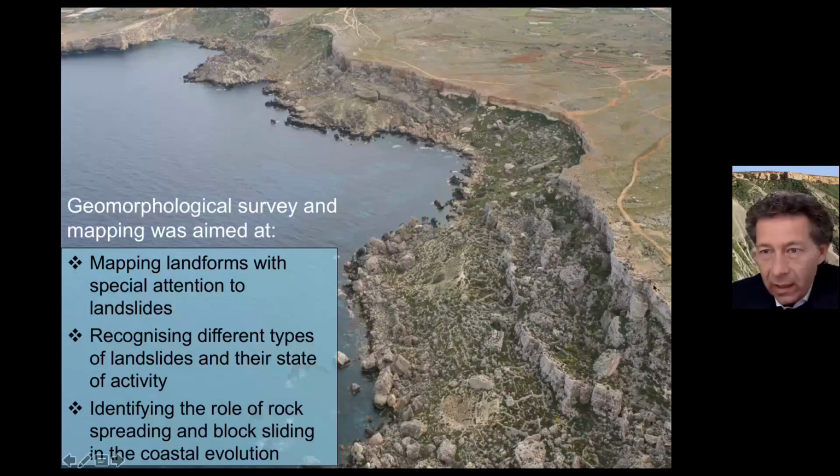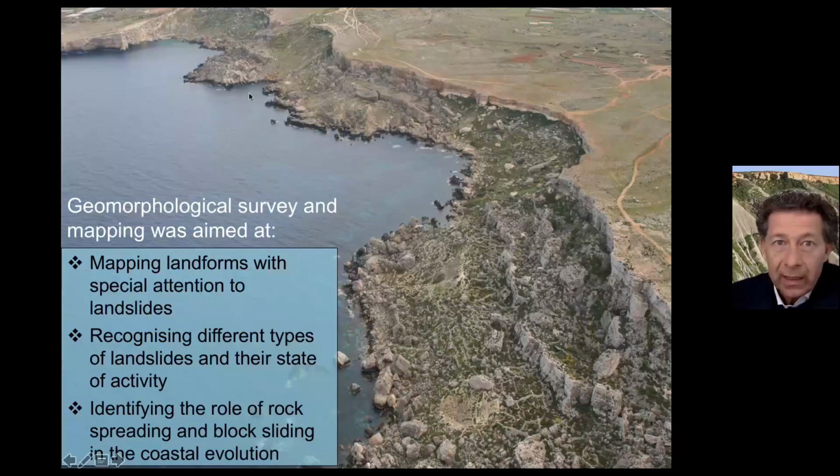You can see here the edge of the plateau on the right of this photograph, and the big blocks that are detached, that are tilted, and that move over the clays and eventually reach the sea. When these big blocks reach the sea, they play an important role in armoring, in protecting the coastline from erosion.